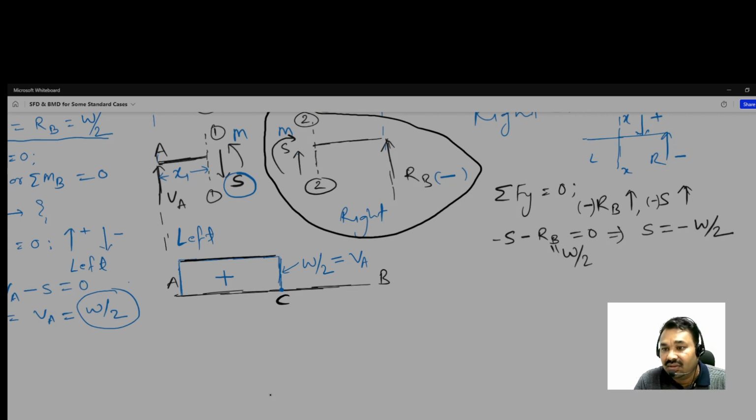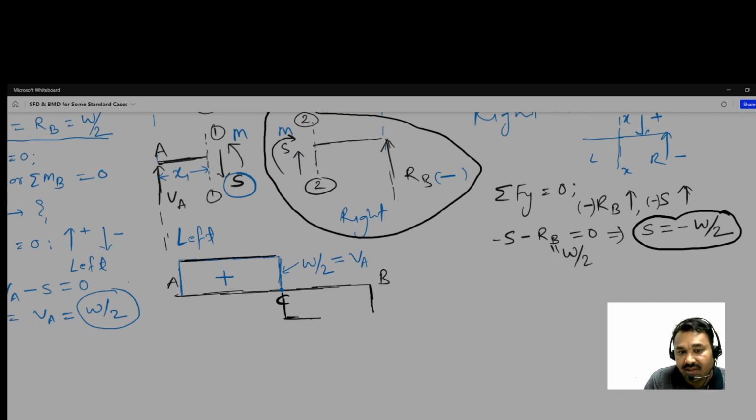So we have the shear force relation with the load. It is minus, so from here the magnitude will be the same, from here to here minus, and the magnitude is minus W by 2, and it is equal to RB.